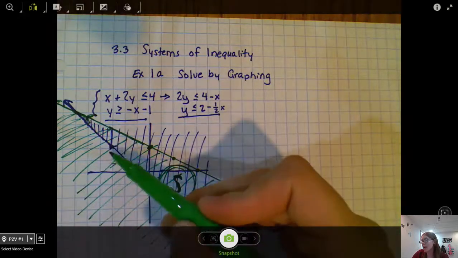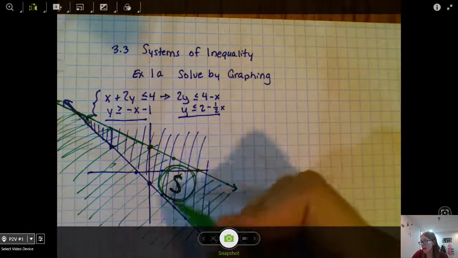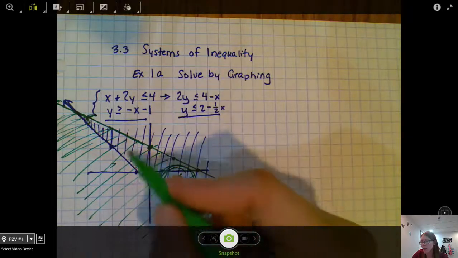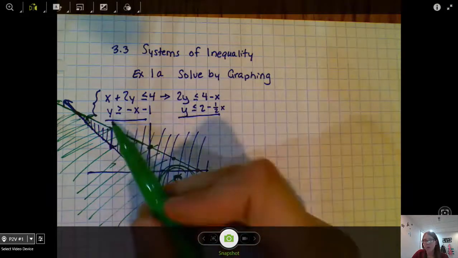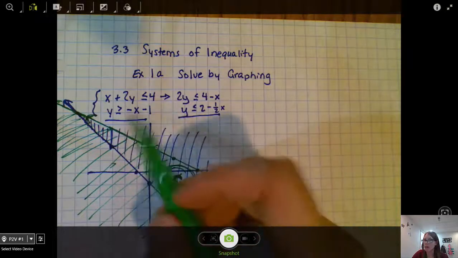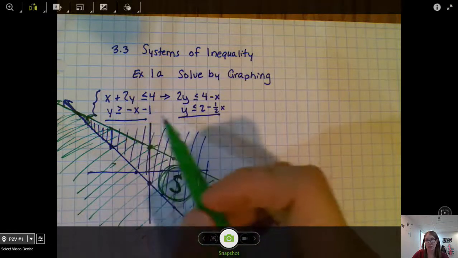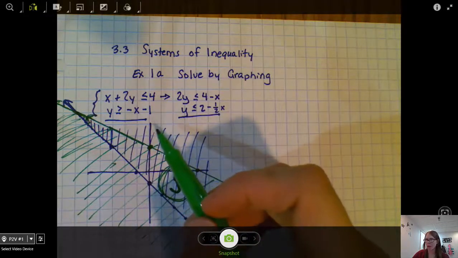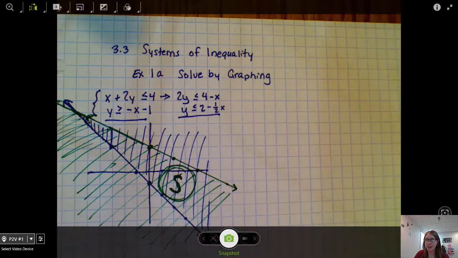So again, if I pick any ordered pair in this double shaded region and plug it in to both of my inequalities for x and y, both statements would be true. And that's why when we have a system of inequalities, it's not just one ordered pair that we're looking at. There's really an infinite number of ordered pairs that are solutions.